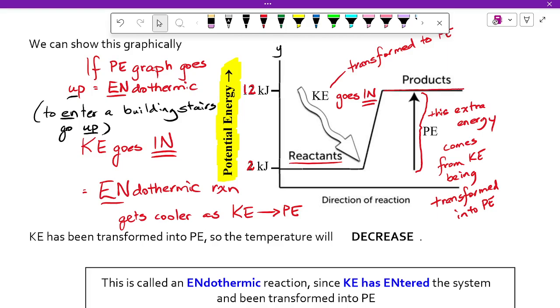So that's one way to recognize an endothermic reaction, is that the stairs go up.